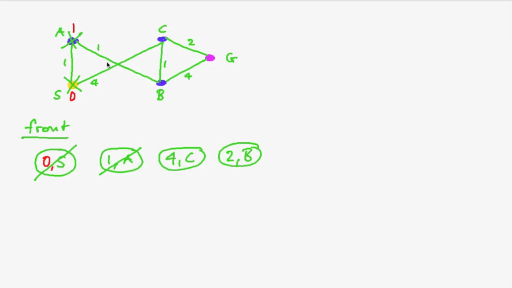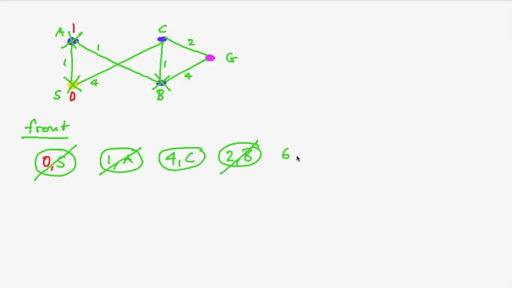So we jump back to the beginning of the loop and pick again the minimum element, which is B with a cost of 2. So we cross out B, and we check all neighbors that have not been visited yet. So A has been visited already, but G has not been visited yet. So the cost of B was 2. The edge between B and G is 4.